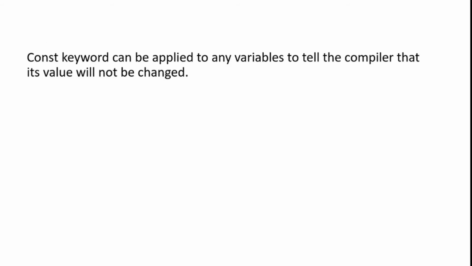The const keyword can be applied to a variable, which tells the compiler that the variable value should not be changed. Even if a developer changes it by mistake, the compiler throws an error.